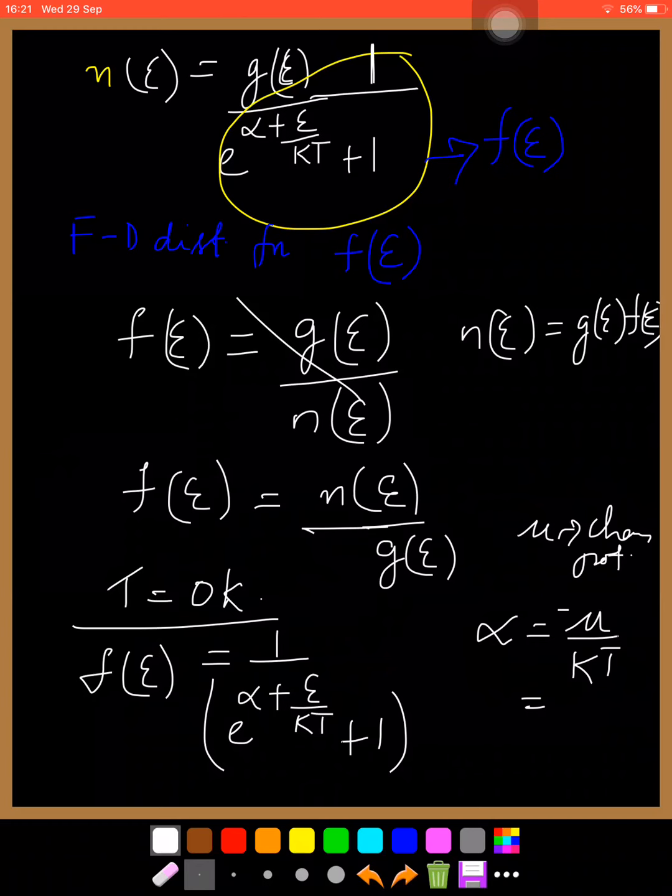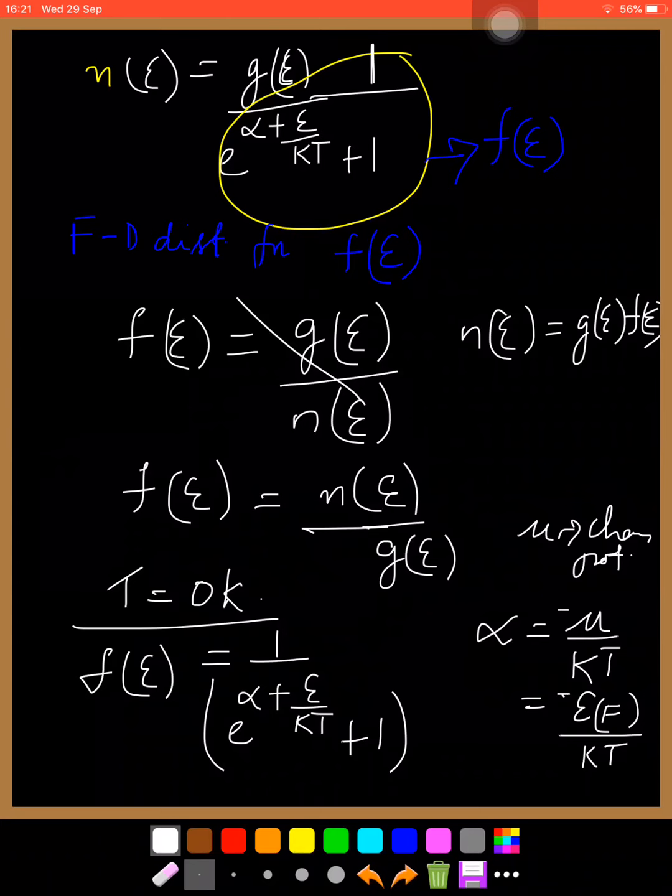In other words, mu is equivalent to EF, and there is this negative sign, by kT. The Fermi level at 0 Kelvin is the electrochemical molar potential of electrons. And mu is equal to EF.